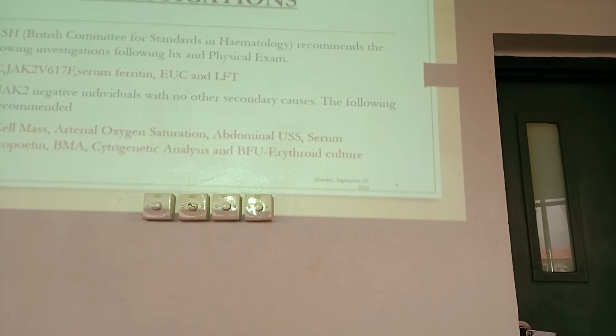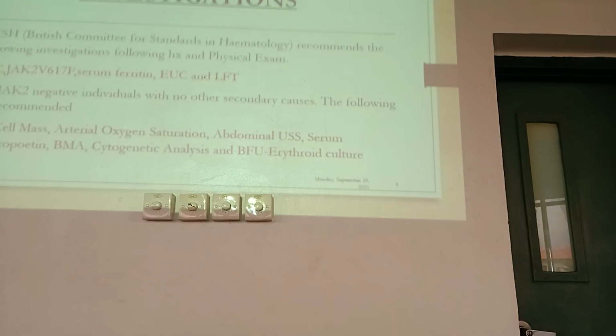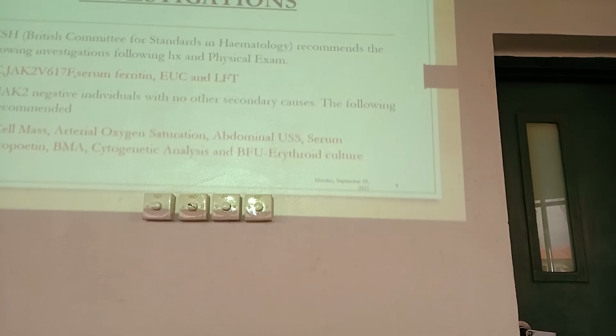So the diagnosis is made with major criteria 1 and 2, and 3 or 4. I'm talking about major now. There are 4. 1 and 2 must be there, plus 3 or plus 4. If 3 and 4 are not there, 1 and 2 must be there, and then 2 minor.